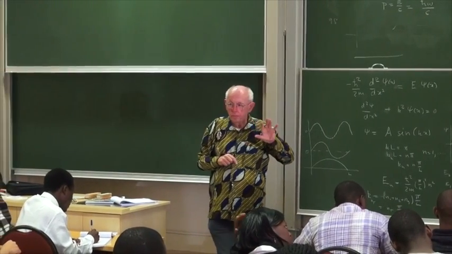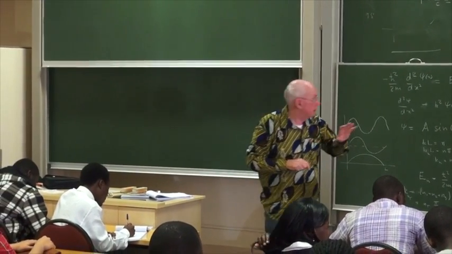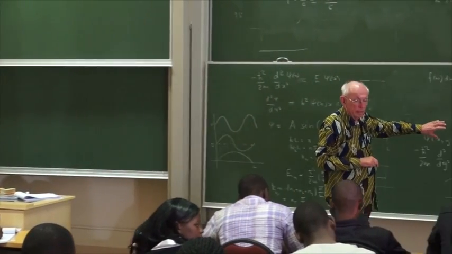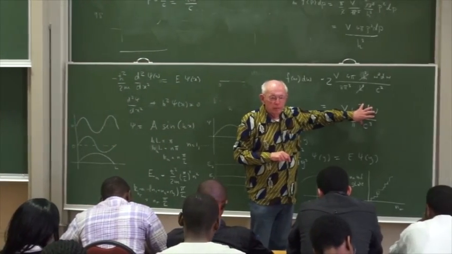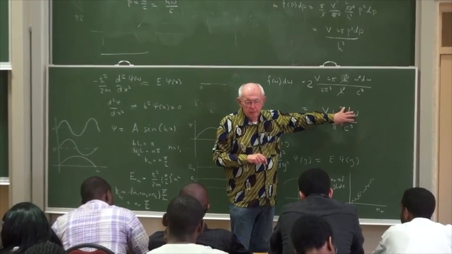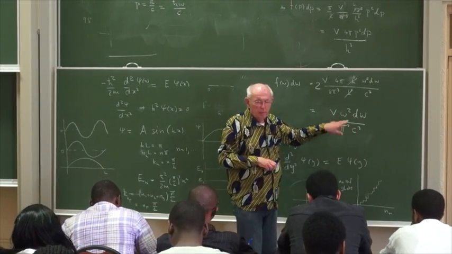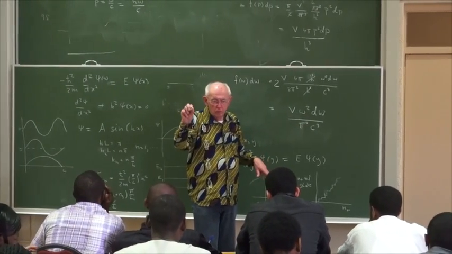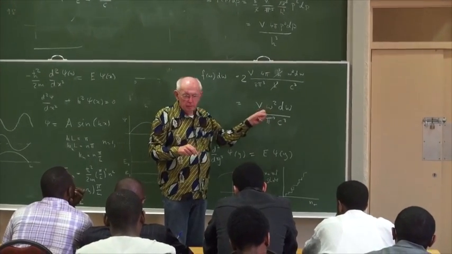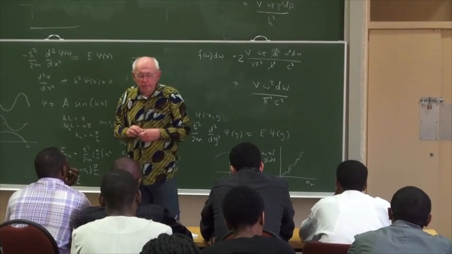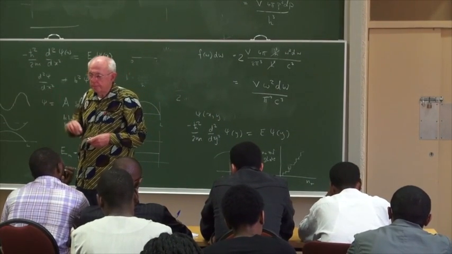And those who have worked on blackbody radiation will have found that at some point they must multiply by the number of states. And they would have found a formula like this. Maybe it wasn't omega, maybe it was nu, but that is related to omega, the frequency.